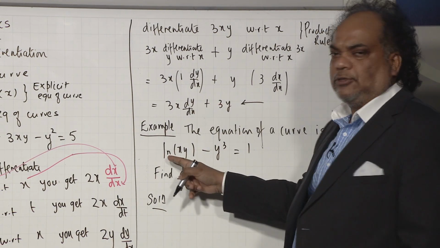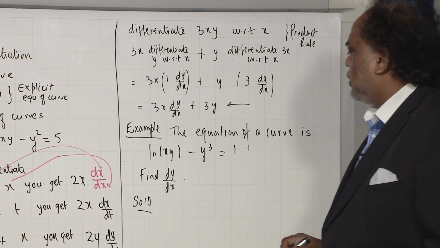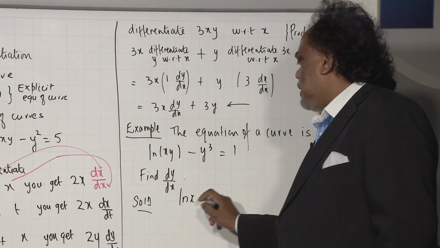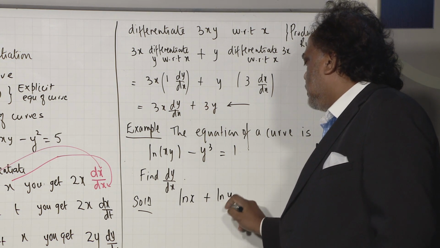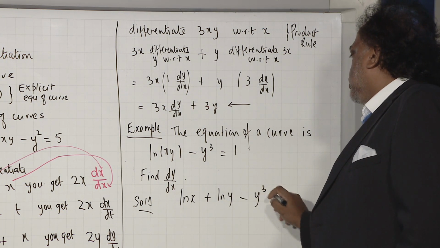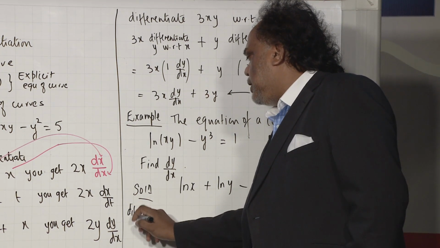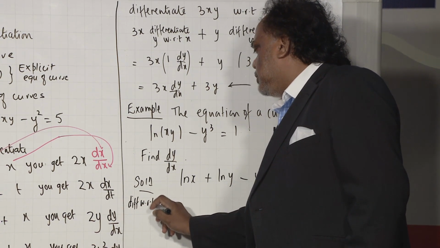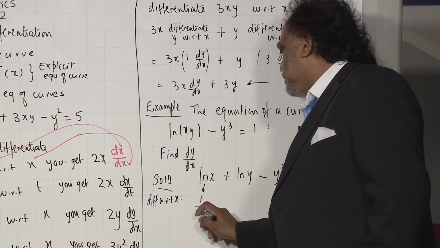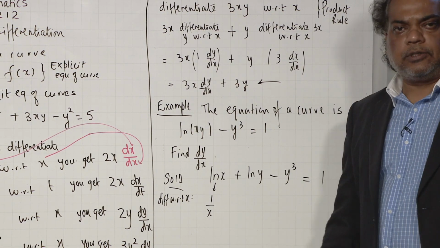But before that, there's a trick in the question, ln xy. So we are going to use the property of logarithm to write ln xy as ln x plus ln y, minus y cubed equal to 1. Let us now differentiate with respect to x. Differentiate ln x. What will I get? 1 over x. Of course, I should have written dx over dx, but it is 1.